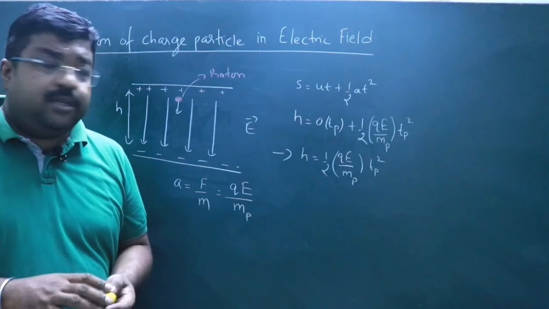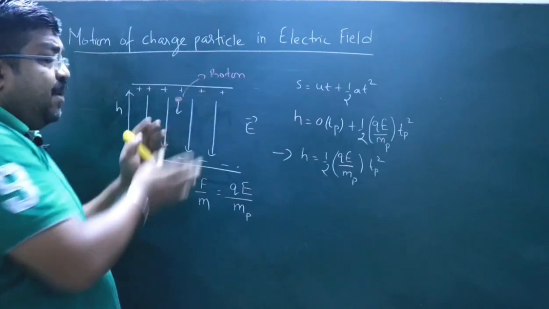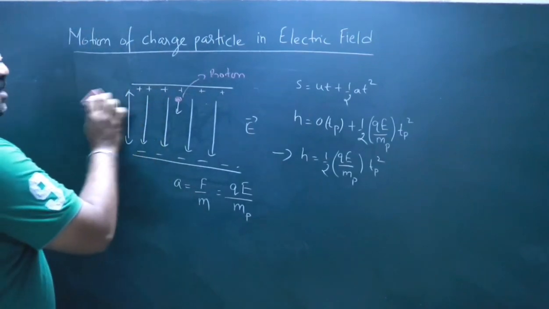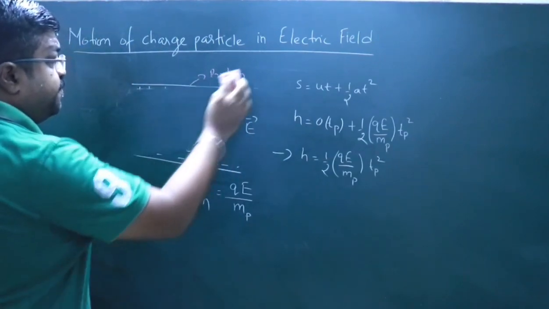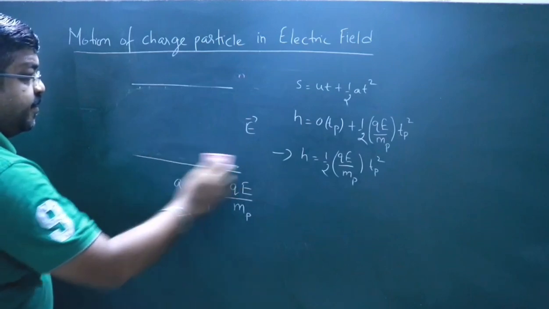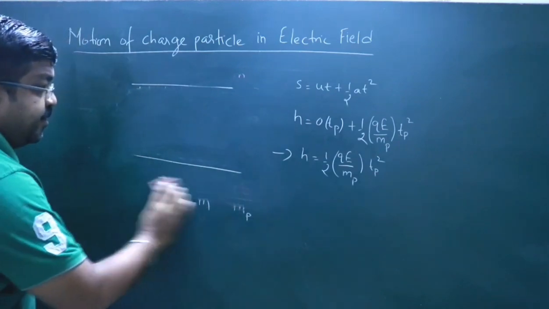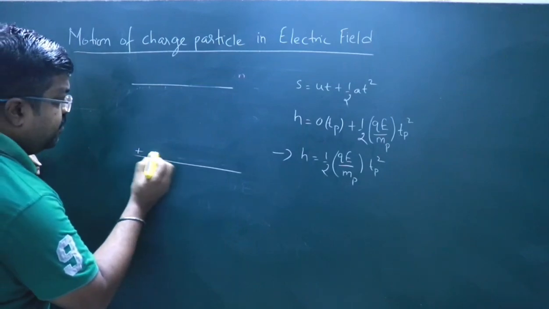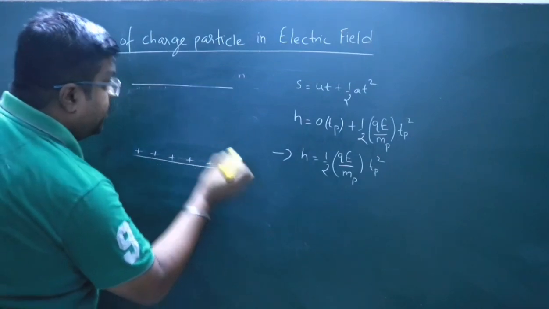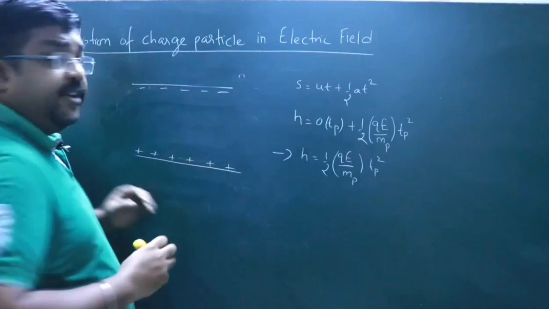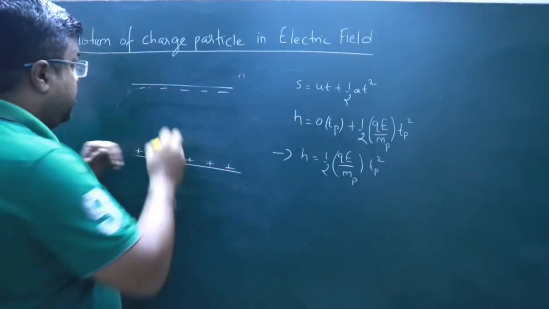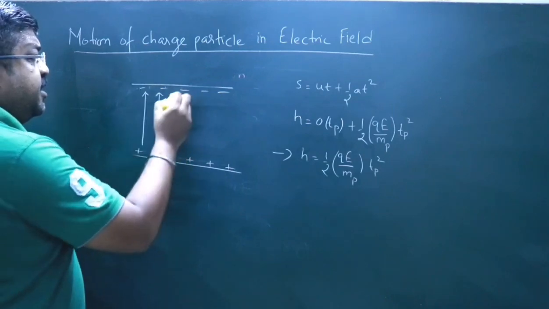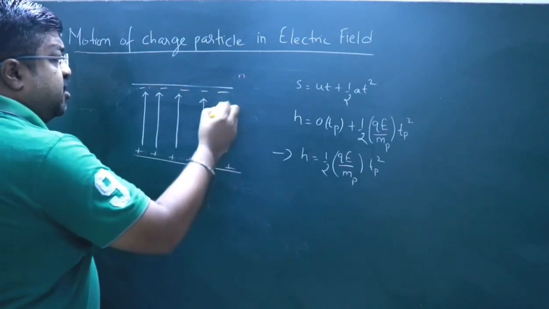Now suppose these plates are flipped, okay. So now what happens? Now this plate has positive charge and this plate has negative charge. The plates are flipped. So now the electric field intensity is directed in the upward direction.